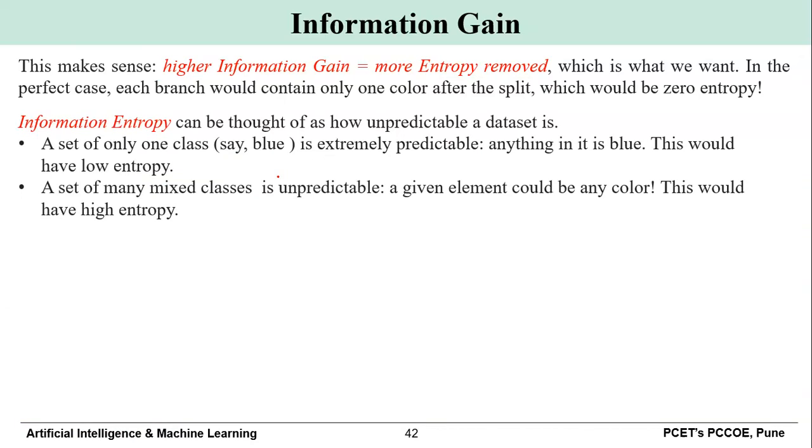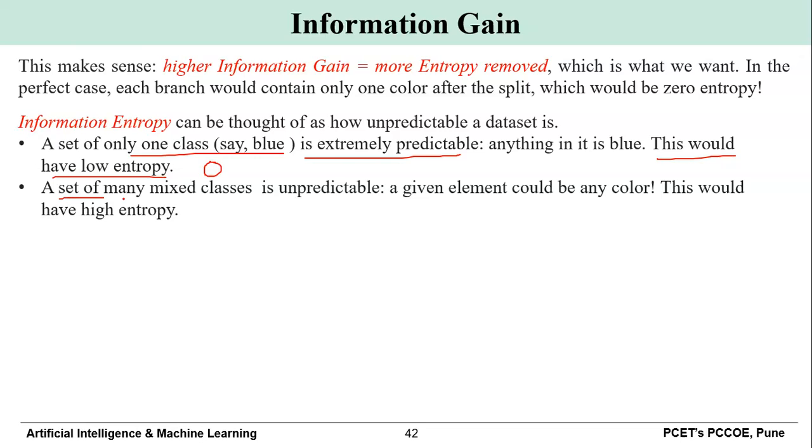Again, these are some other observations. A set of only one class, let's say only blue dots, is extremely predictable. Pick any random dot from it and it would be blue, so this would have low entropy, close to 0.